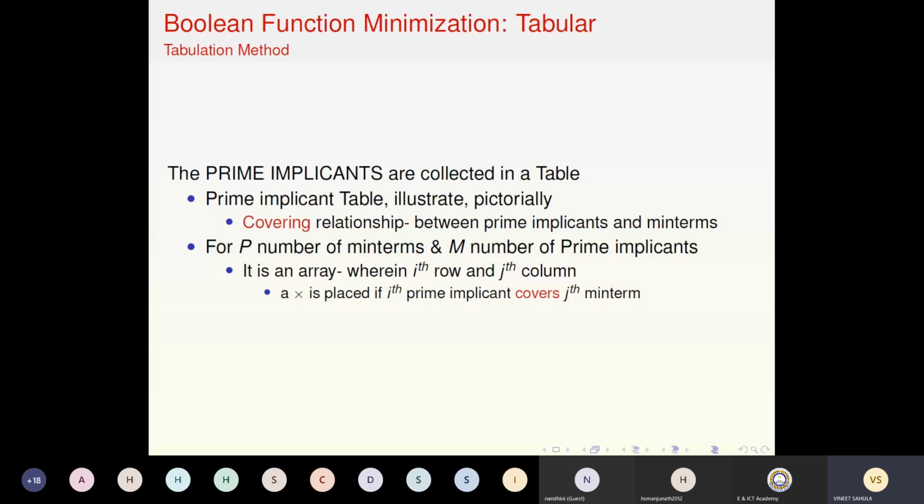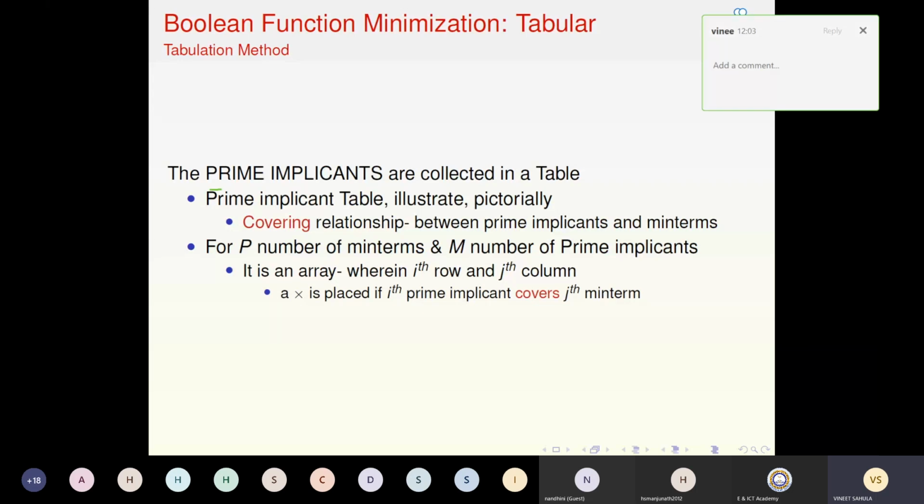I prepare another table, which is called the prime implicant table. I will write A, B, C, D, which are the implicants from phase 1, and I will write all the minterms which are given to me: M0, M1, M2, M5, M7, up to M15. I go back. These are my minterms, M0, M1, M2, M5, up to M15.